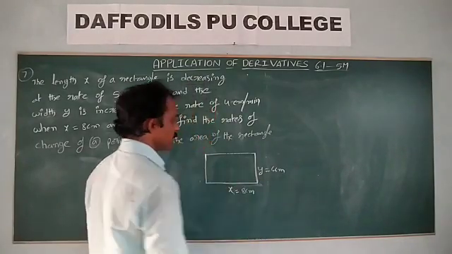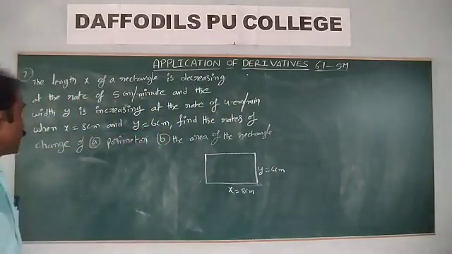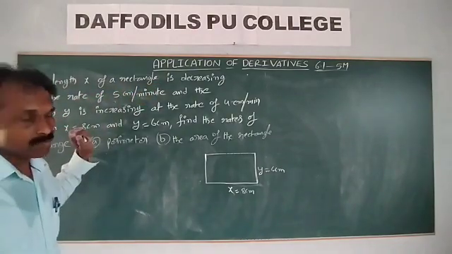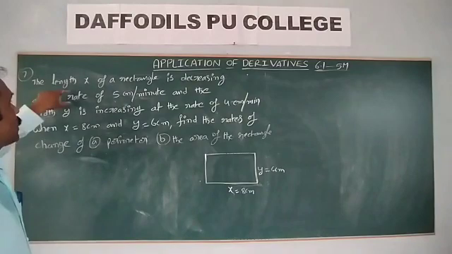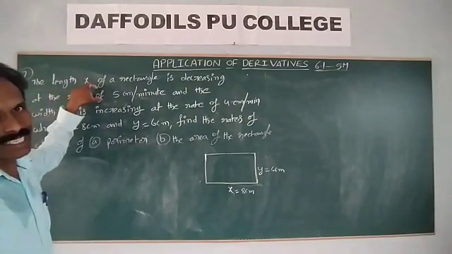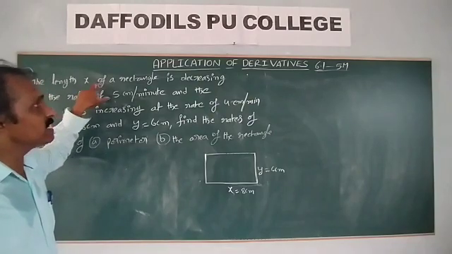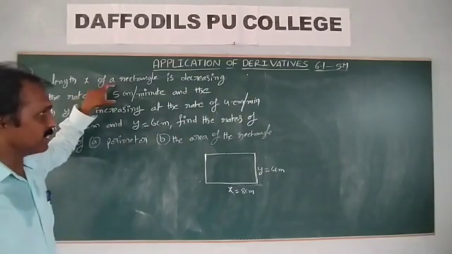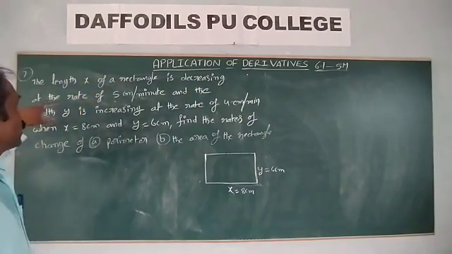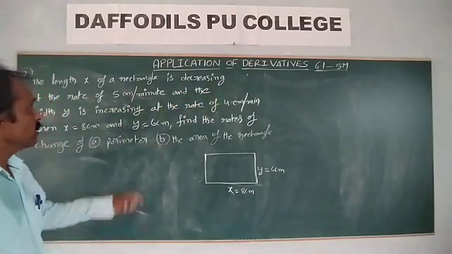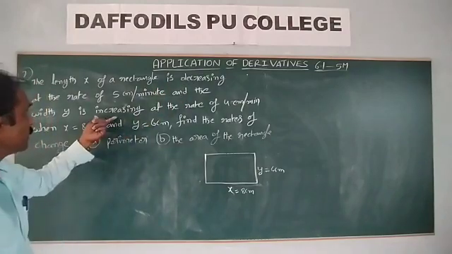Okay. The length of a rectangle is decreasing at the rate of, that means the rate of change in length, 5 centimeter per minute. Next, the rate of change in width is 4 centimeter per minute. Here it is decreasing and here it is increasing.